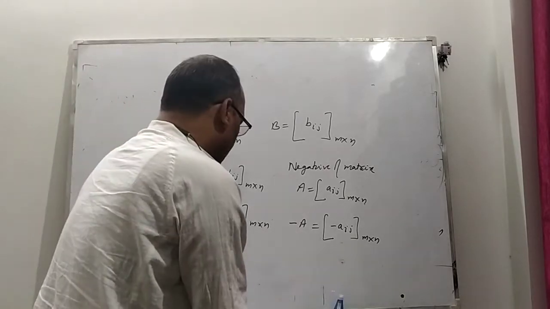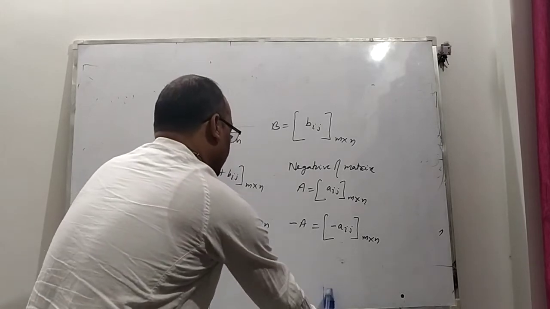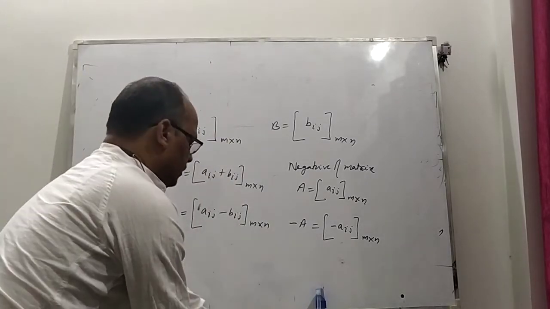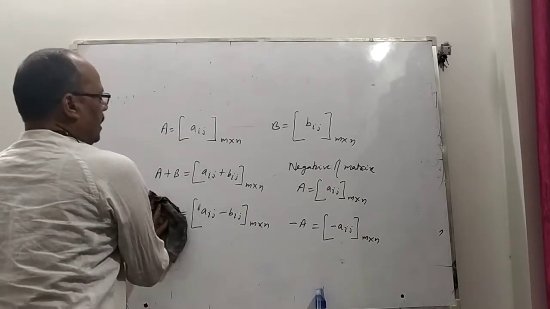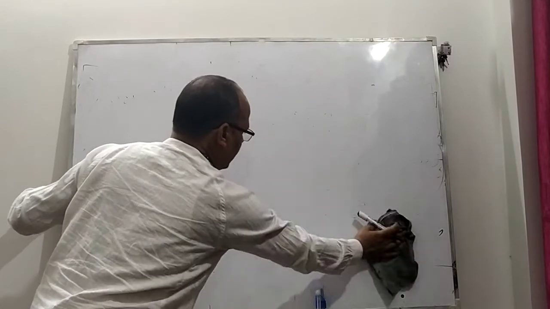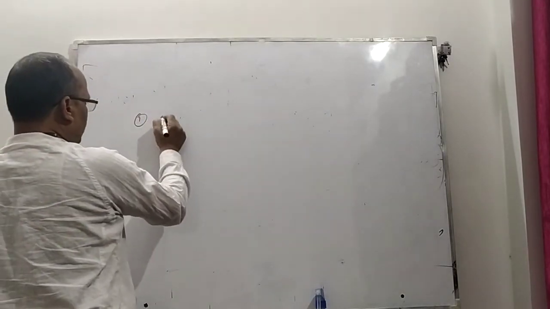Now, I am going to explain about the commutative law, associative law, existence of the identity, existence of the inverse, and distributive law. The first is the commutative law.